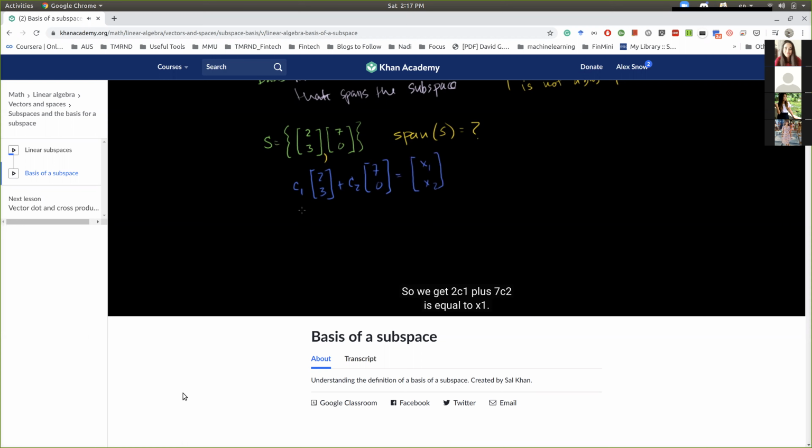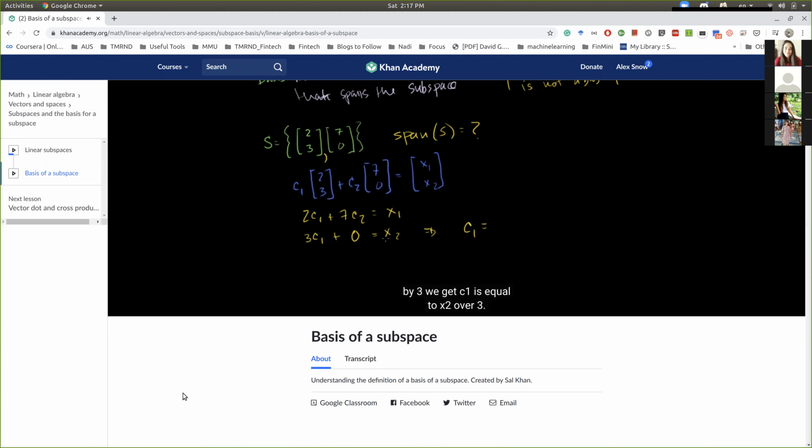So we get 2C1 plus 7C2 is equal to x1, and then we get 3C1 plus 0C2 is equal to x2. And if we take this second equation and divide both sides by 3, we get C1 is equal to x2 over 3.